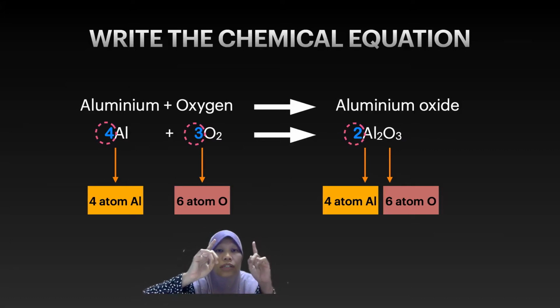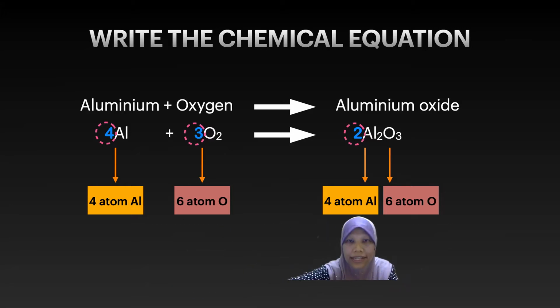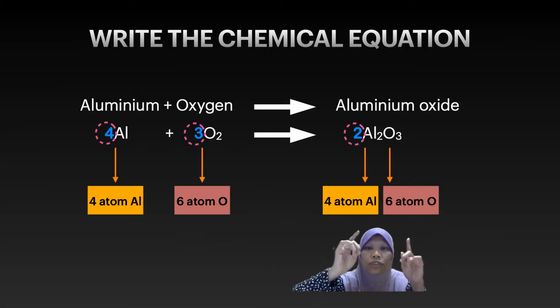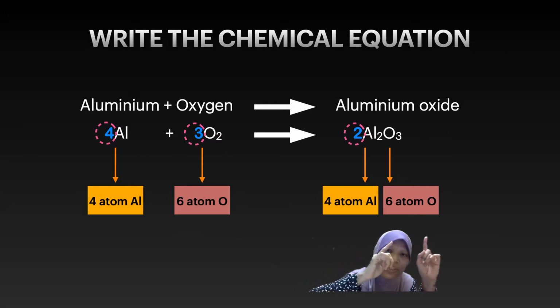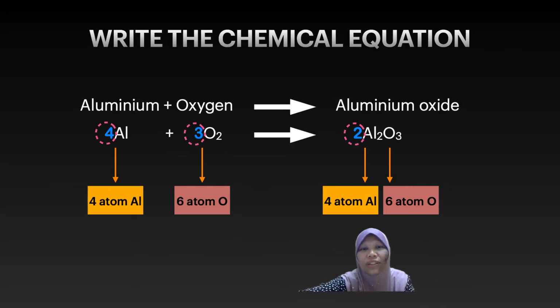So now there are 6 atoms of oxygen for the reactant. If we want to balance it, you put 2 in front of aluminium oxide so that the oxygen atoms will be 6. So you can see that the atoms of the reactant and the product are now the same number.